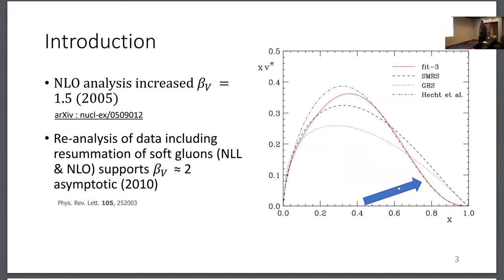And something interesting is that using resummation of soft gluons, the next-to-leading log, supported beta V equals 2. You see the other ones are not using resummation methods, and this one, the red one, is using the resummation method.